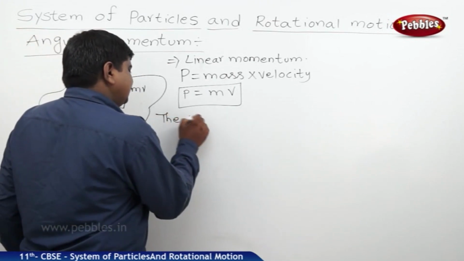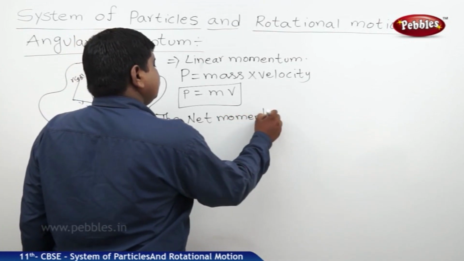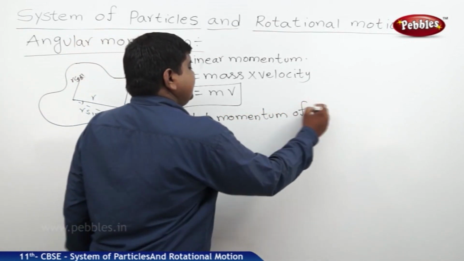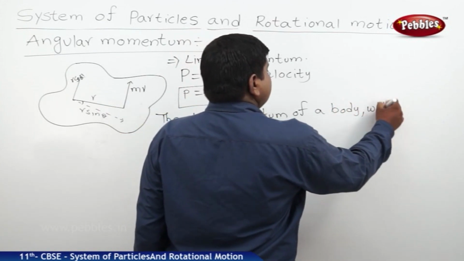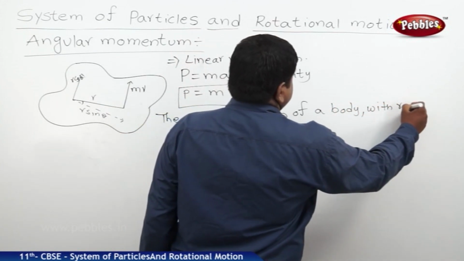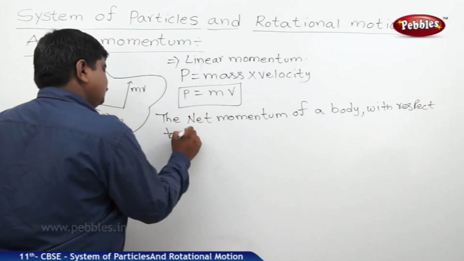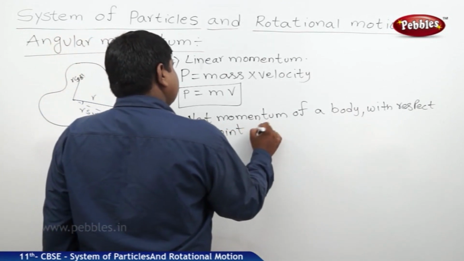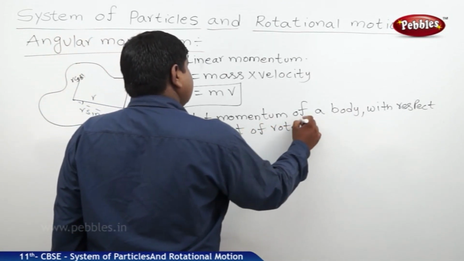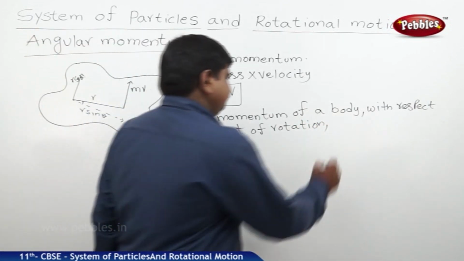The net momentum of a body with respect to the point of rotation is called angular momentum.